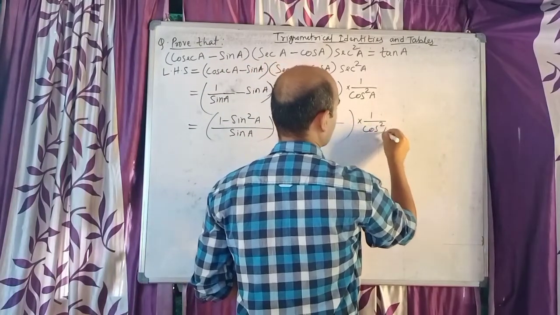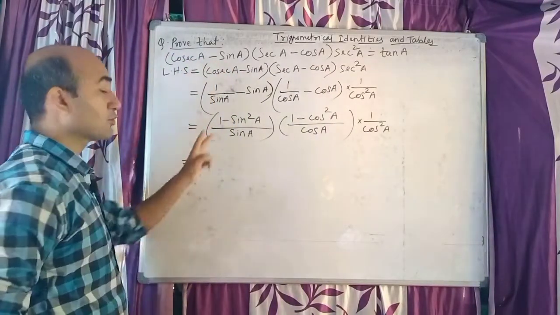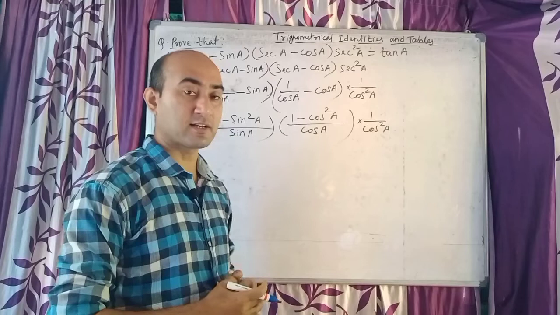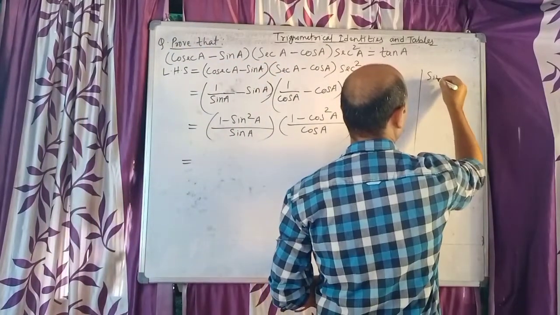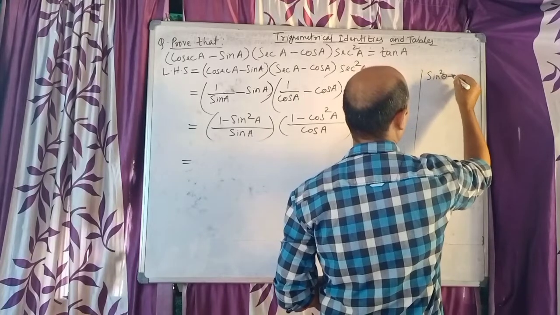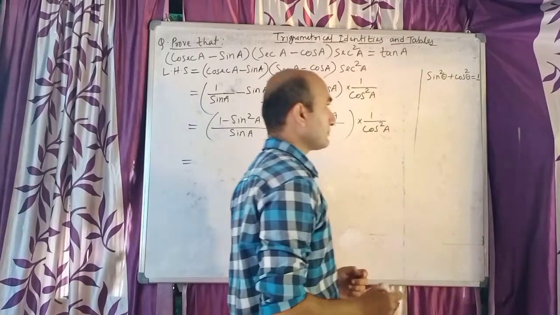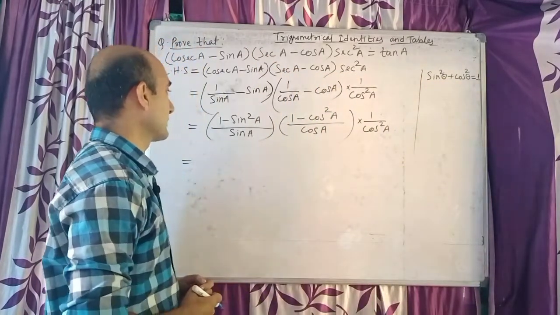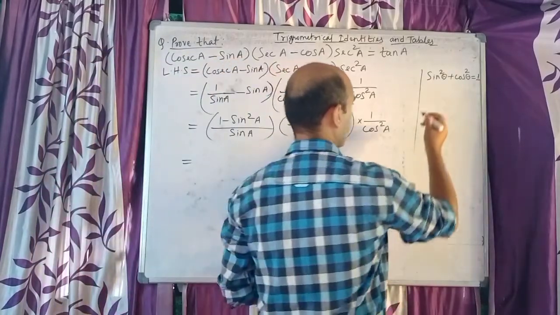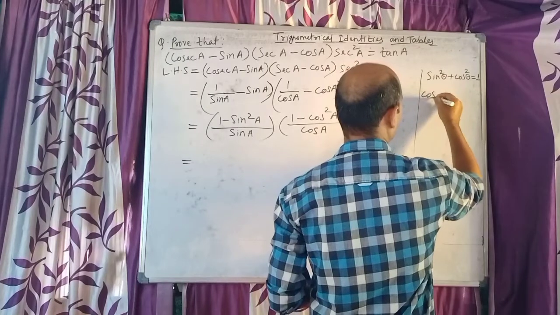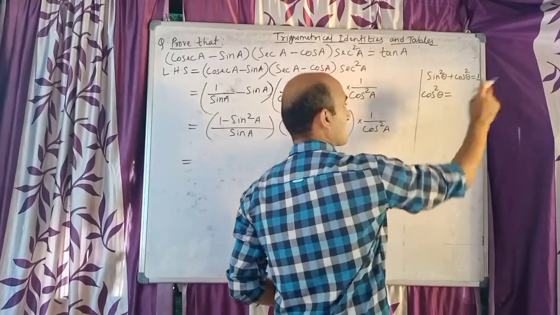Children, now come to formula number 1, which I had written yesterday. Sin square theta, I will write in the rough. Sin square theta plus cos square theta equal to 1. This was the formula. Children, 1 minus sin square A. Now whose formula is this? Point to be noted. If I make cos square theta alone, this sin square theta will go that side.